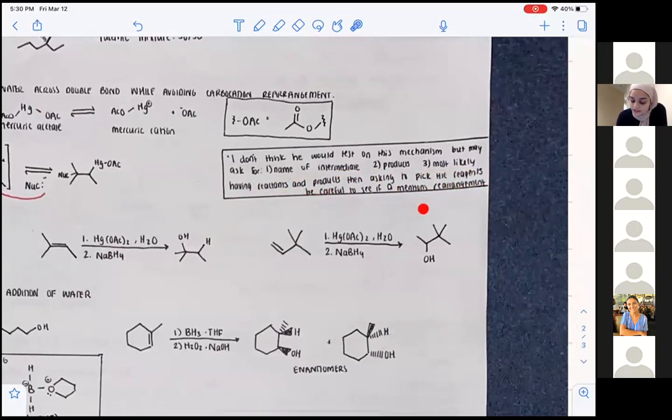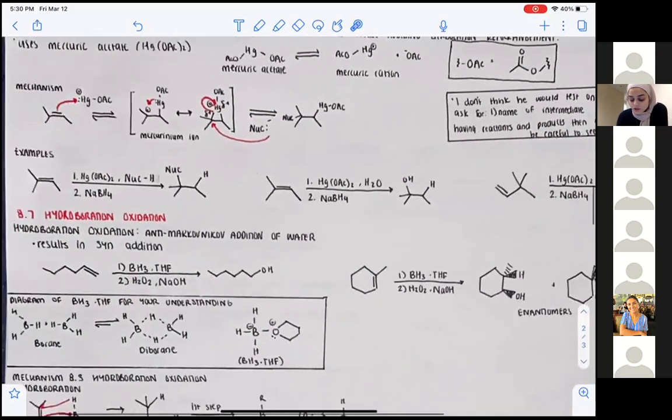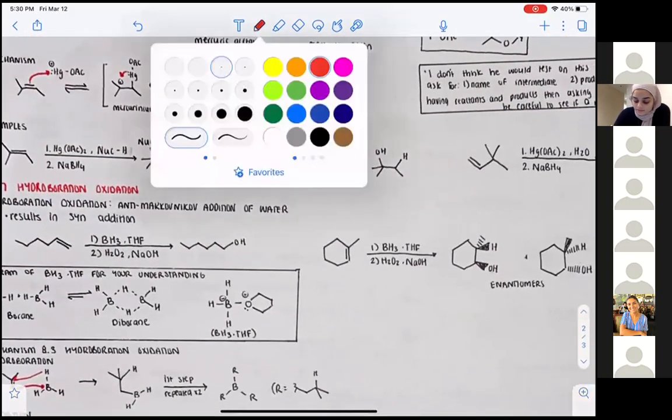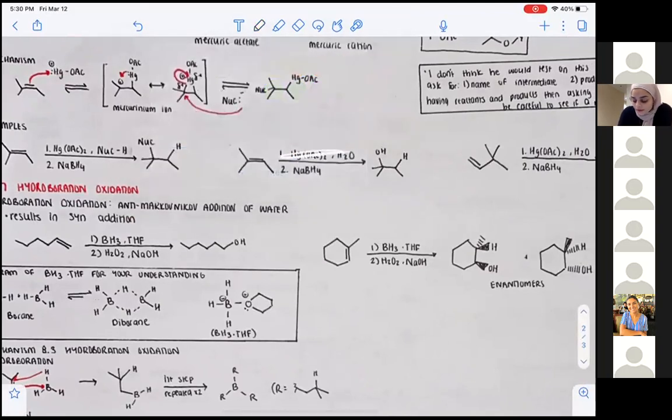Be careful to see if a mechanism mentions rearrangement. So pretty much he would have this, and then be like, how would I get to this product without having rearrangement?